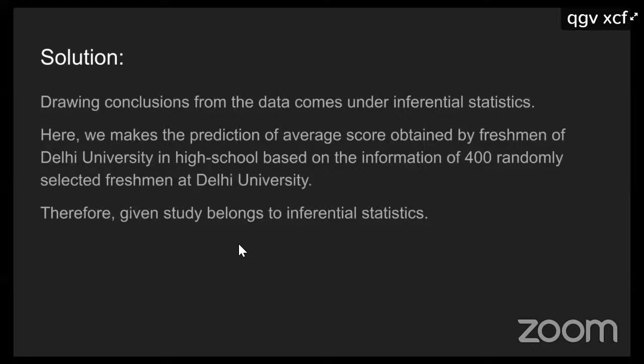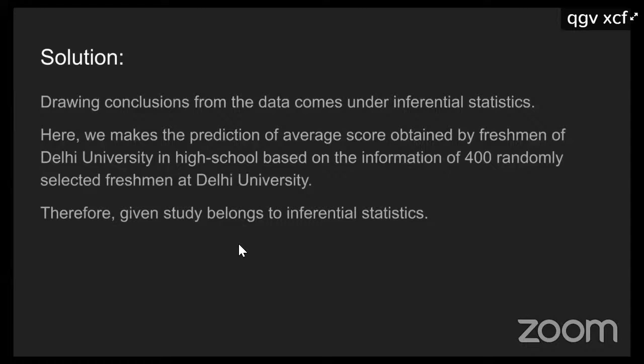Here we make a prediction of the average score obtained by freshmen of Delhi University in high school, based only on the information of those 400 randomly selected freshmen. That's why this study is inferential statistics.